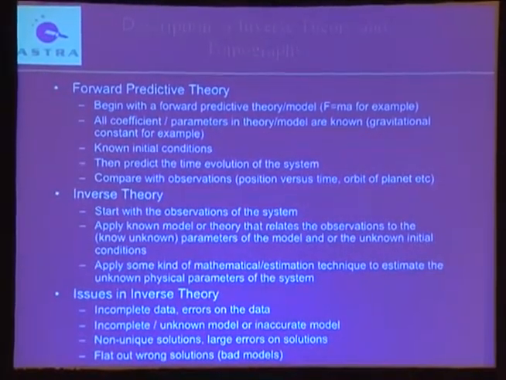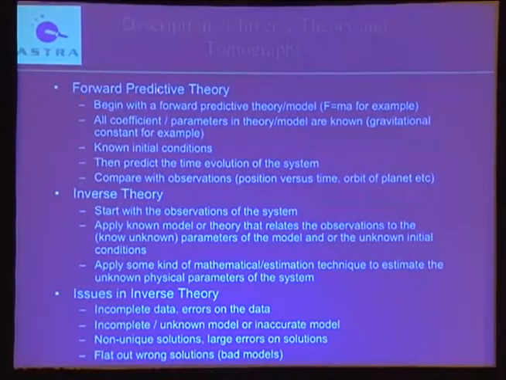Okay, so this is what we all learned in our physics with calculus courses, forward predictive theory. Start with a forward predictive theory, say force equals ma, for example. That's a forward model. You've got your acceleration and your force, and you can predict forward what's going to go on.